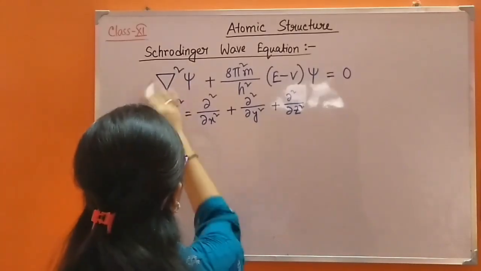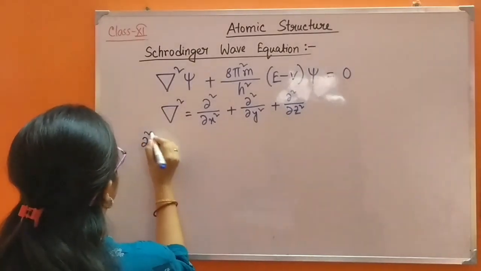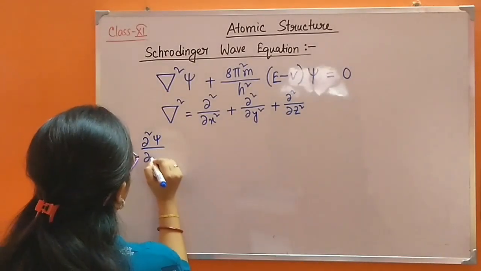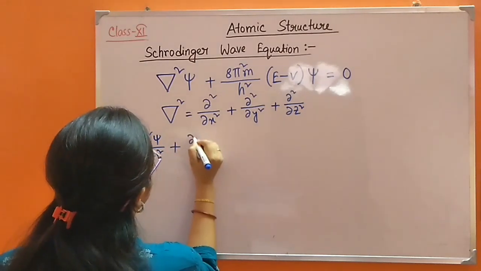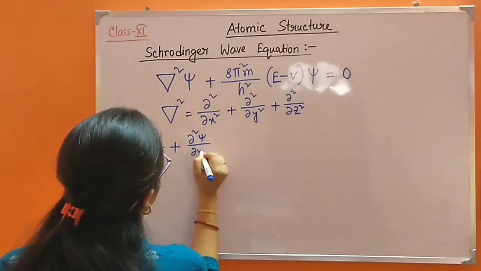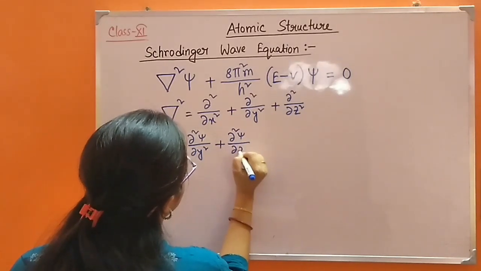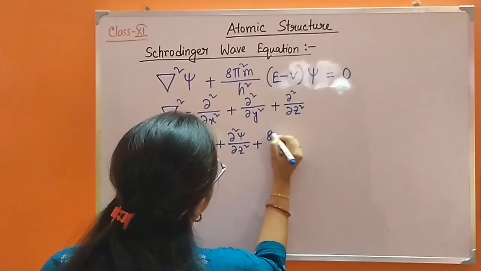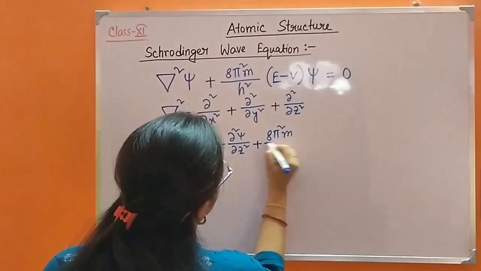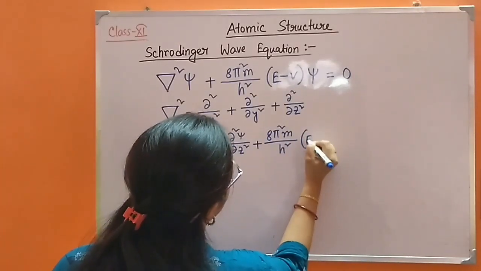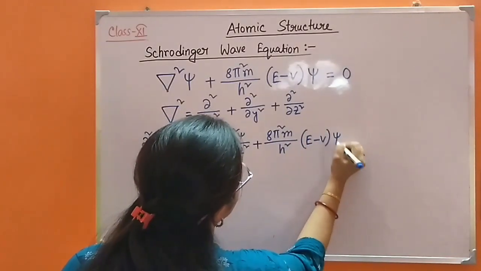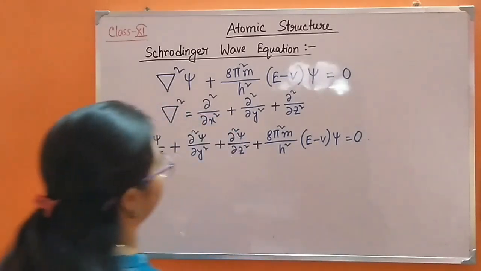So, we can write this equation as del 2 psi by del x square plus del 2 psi by del y square plus del 2 psi by del z square plus 8 pi square m by h square into E minus V into psi equals 0.